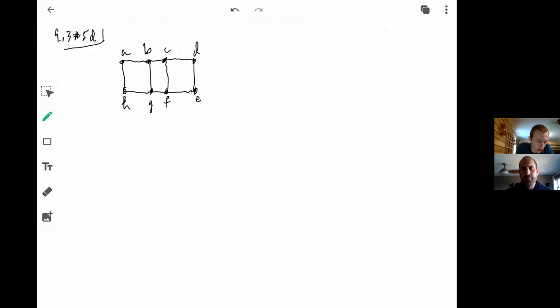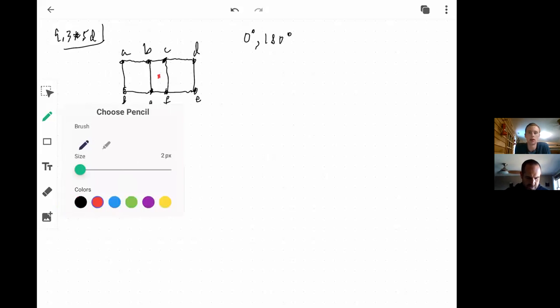Okay. So the ones that they end up doing are a 0-degree rotation about the very center of the rectangle, B, C, F, G. And then they also say 180-degree rotation. That makes sense, doesn't it? So that central point that I marked with a red dot is what we're rotating about. They also do reflection about the vertical line and the horizontal line through that red dot.